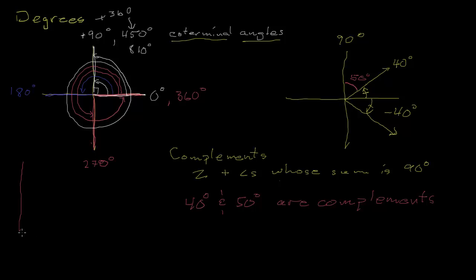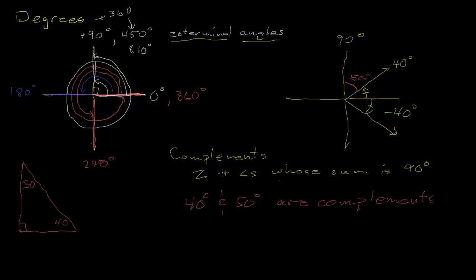If I have a right triangle, and this goes to geometry, if this angle is 40 degrees, and this is a right angle, then this is 50. And it wouldn't make sense to talk about the negative 40. So this is the idea of complements.